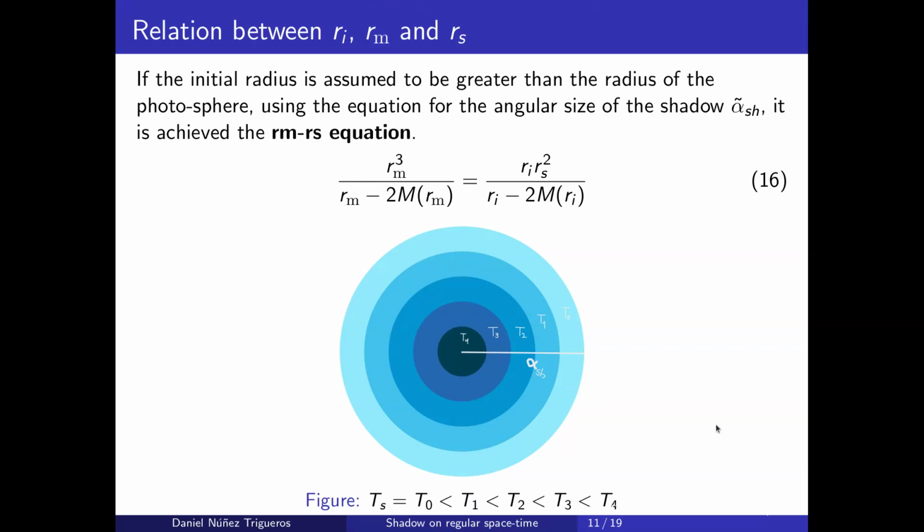What is important is that if you put a value for Rs, you obtain automatically the minimal radius for the photons. As I said, when the radius of the star is the initial radius, that is Rs is Ri, you obtain that the minimal radius of the photons is also Ri. And as the collapse continues, the radius of the star is going to decrease, and the radius of the photons will also decrease.